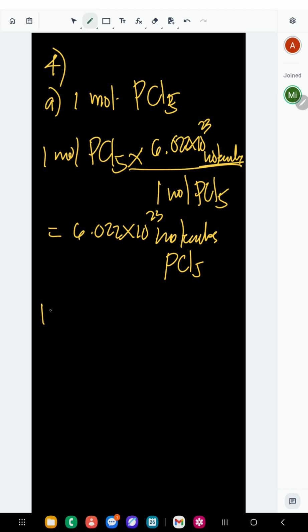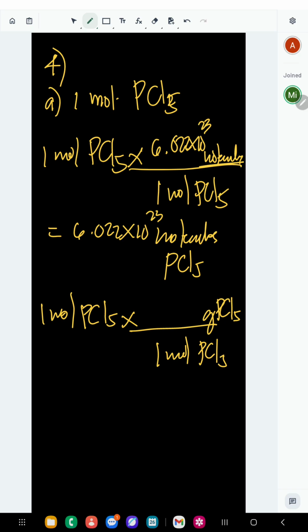And then we convert mole to grams. What is the molar mass of PCl5? Okay, so that is the grams, the mass of PCl5 in 1 mole.